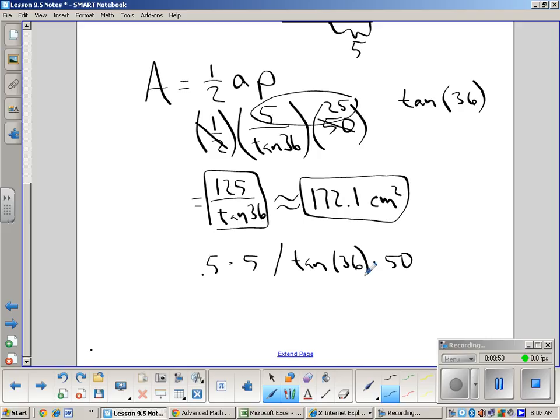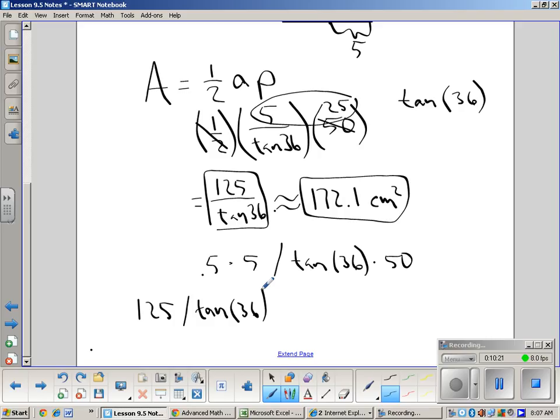What I was saying was, if you reduced it first, there's nothing to do after that 36. So if you typed in 125 divided by tangent 36 and hit equals, it's going to give you the right answer because there's nothing else over there. It applies that parenthesis right here all by itself, and there's no problem, okay?